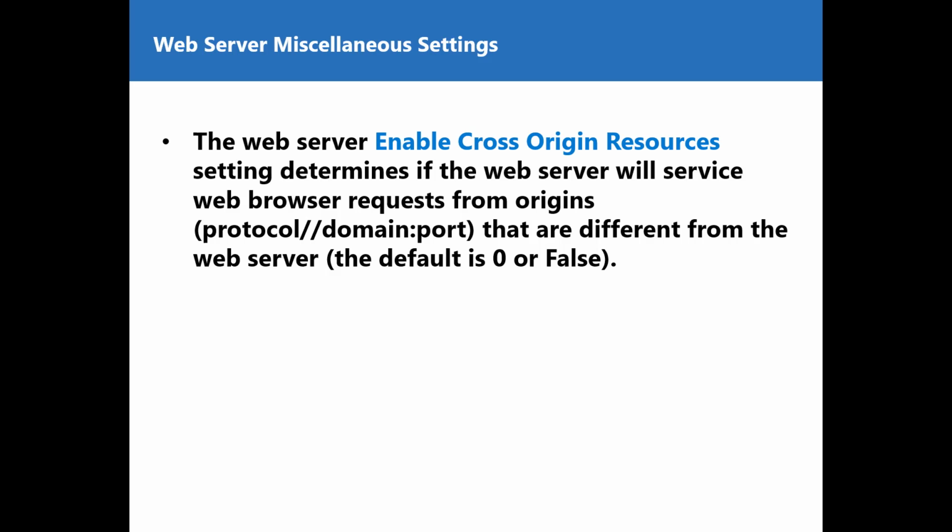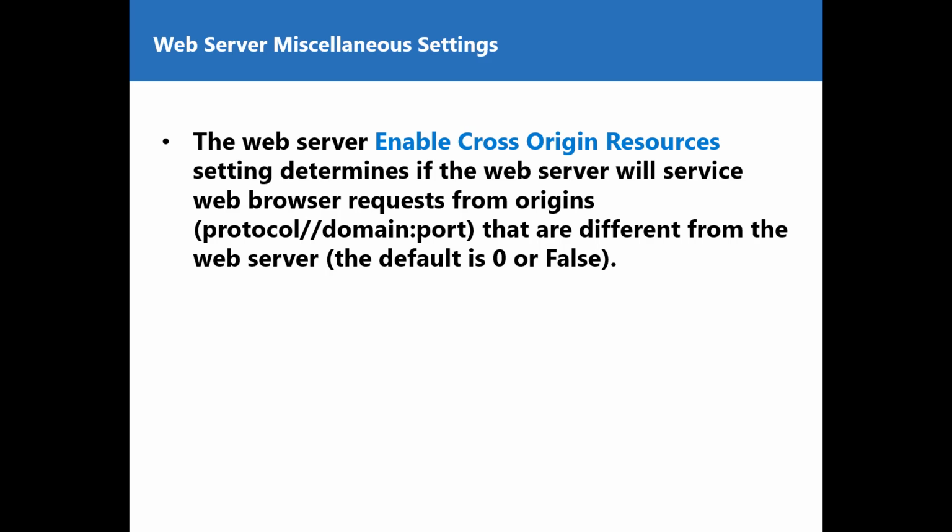What happens is if, for example, you were to load an application from, say, localhost, and then you tried to execute server requests to, say, www.elevatesoft.com, the browser would only allow that if the web server that is servicing www.elevatesoft.com allowed such a cross-origin resource request to occur.